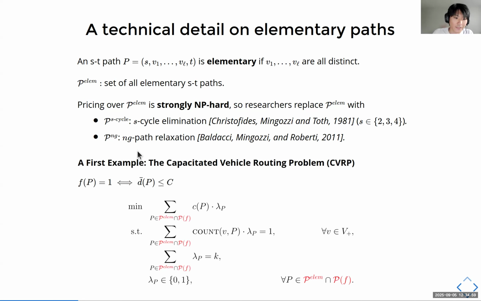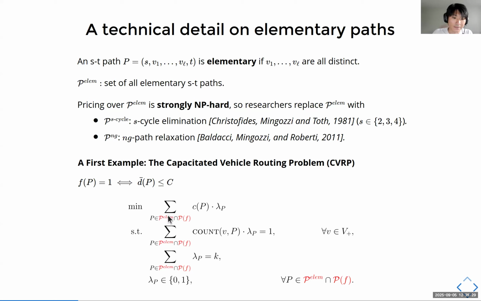To understand this point better, we consider a first example of the problem in the previous slide, perhaps the most basic example one can think about, which is the capacitated vehicle routing problem. Here, a path is feasible if and only if the demand collected by the path is at most the vehicle capacity. To get a stronger bound, rather than just having PF here, I have the set of paths that satisfy this capacity and are also elementary.